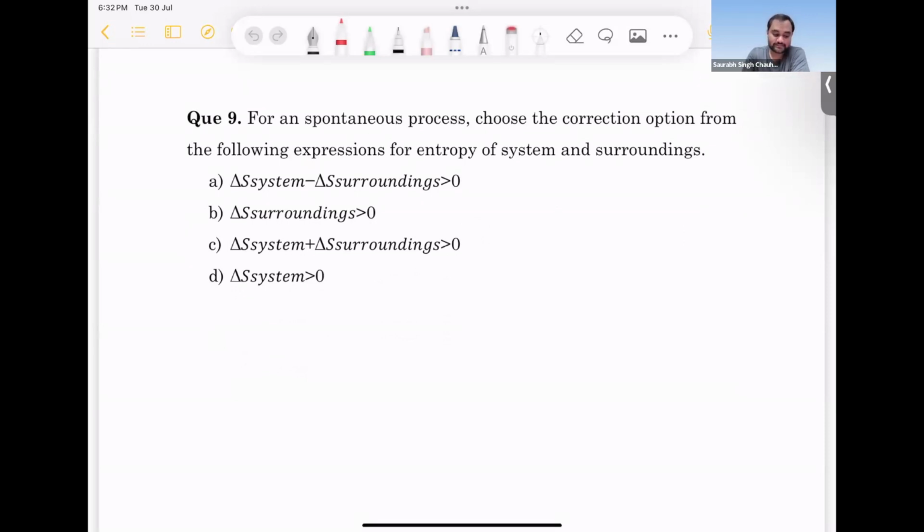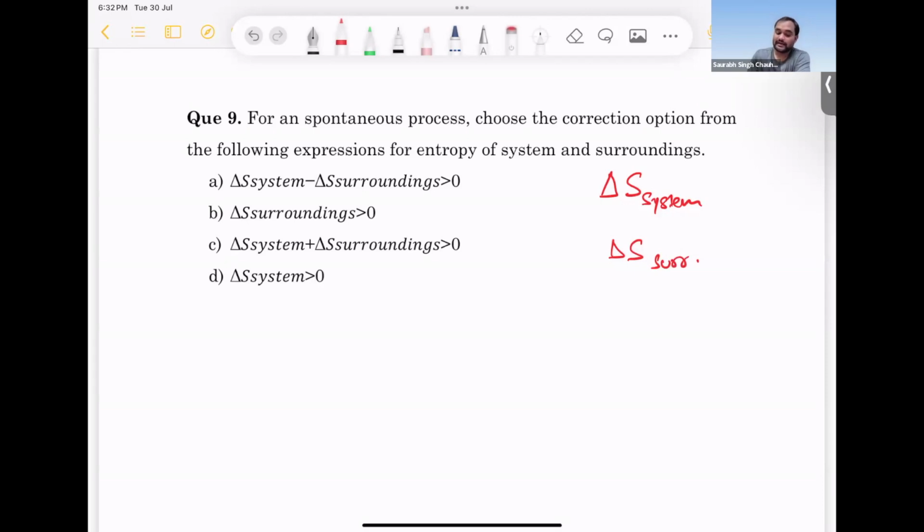Question number 9. It says that for a spontaneous process, choose the correct option from the following expressions for the entropy of system and surrounding. Delta S system is the change in entropy of system, and delta S of surrounding is the change in entropy of surrounding.